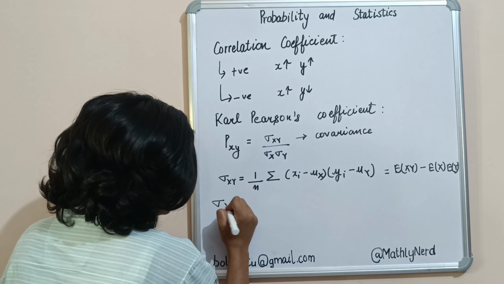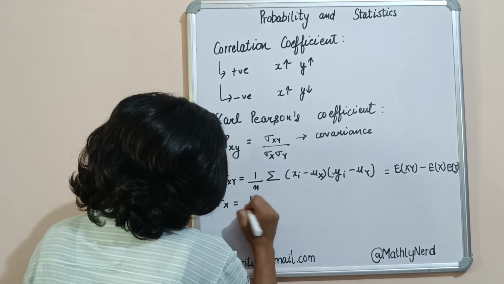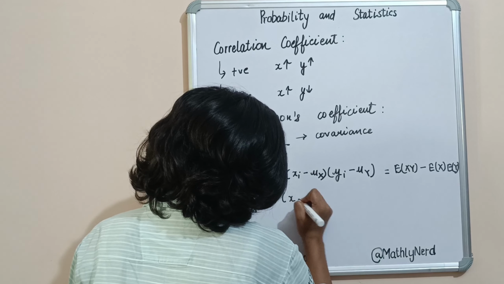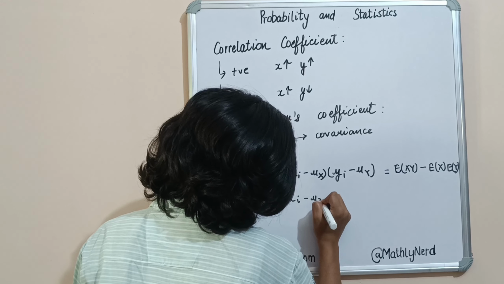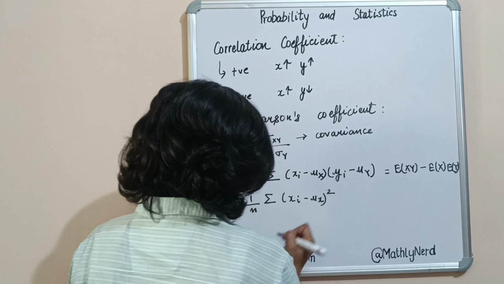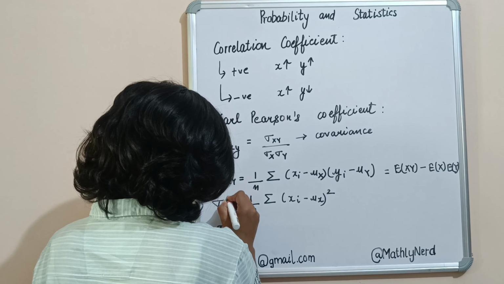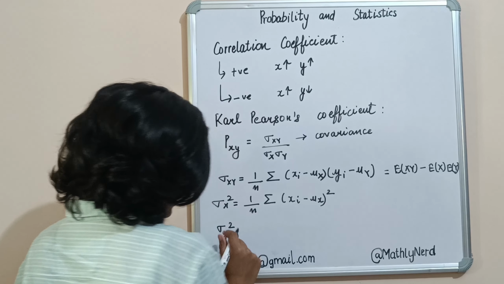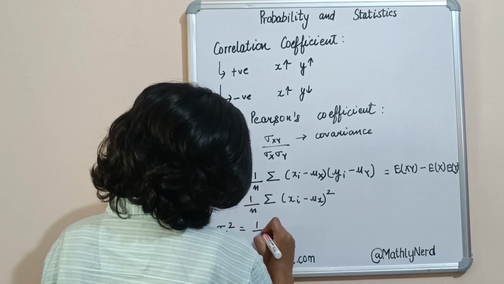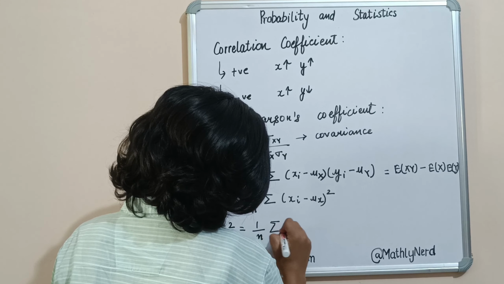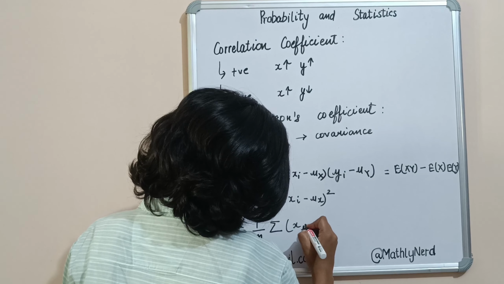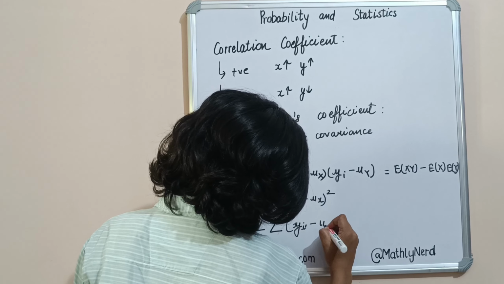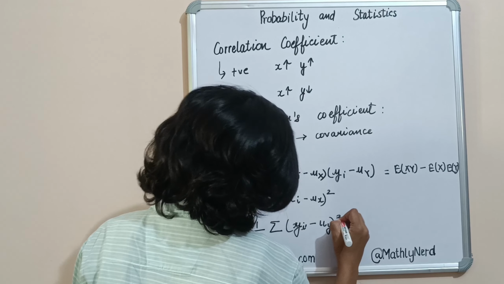Our next term is σx square, which is 1 by n times summation of (xi minus μx) whole square. Our next term is σy square, which is 1 by n times summation (yi minus μy) whole square.